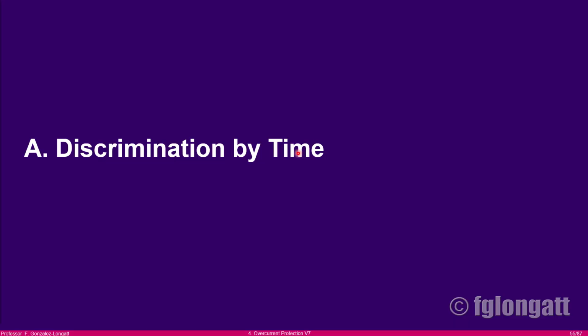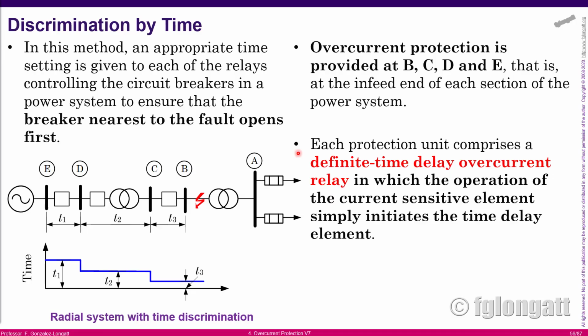Here, I will start with discrimination by time because it's probably the most simple to understand, okay? In this kind of discrimination, we use time to define the sequence of components, the sequence of circuit breaker operation, depending on the location.